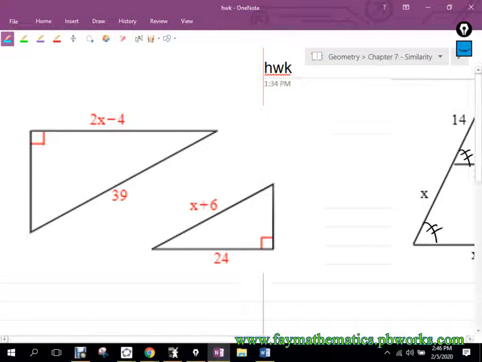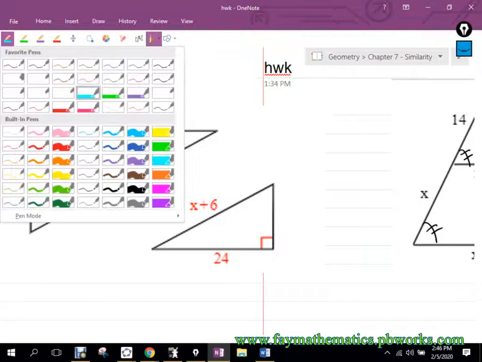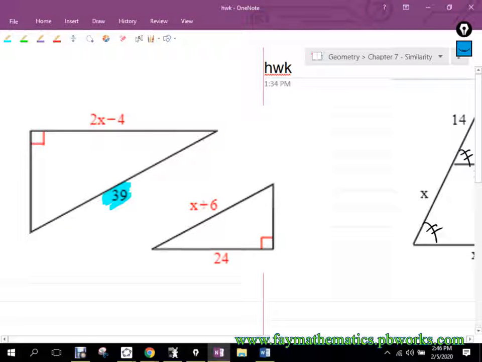Looking at this picture, do you know what that number should relate to in the other triangle? Or what value or expression or segment? If these two triangles are similar, that 39 should compare to what? What should I put in this denominator?